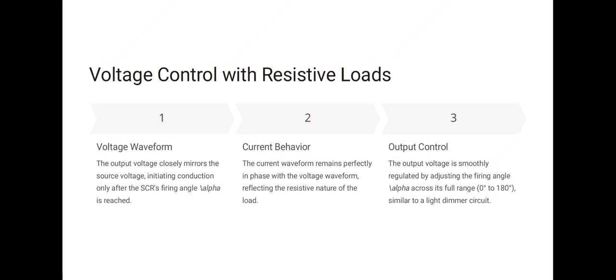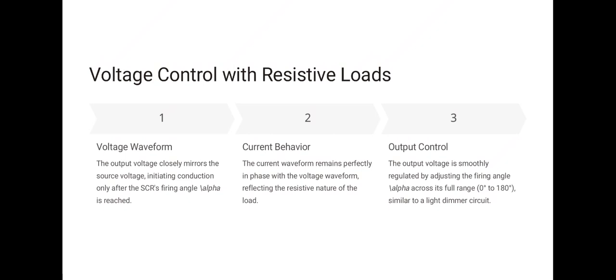Voltage control with resistive loads. Voltage waveforms: the output voltage closely mirrors the source voltage, initiating conduction only after the SCR's firing angle is reached.